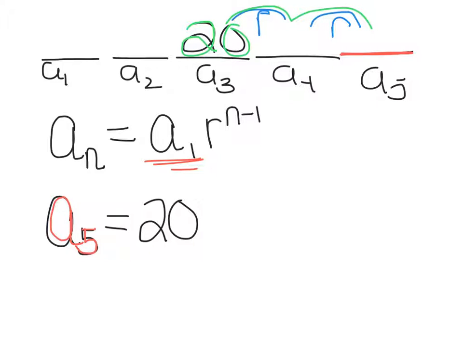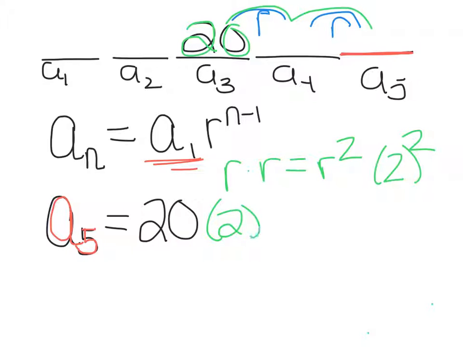So let's do that. Let's multiply by r 2 times, which is known as r squared, and in our case, we don't have r. Our r is 2. So it's going to be 2 squared. So down here I'm going to put 2 squared. And so if you do 2 squared, you get 4, and 4 times 20 is going to get me an answer of 80. So my fifth term is 80.